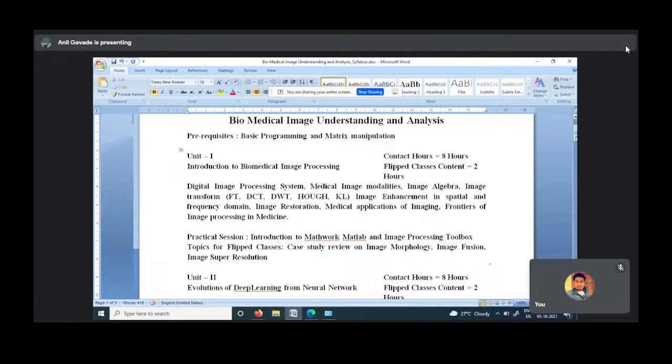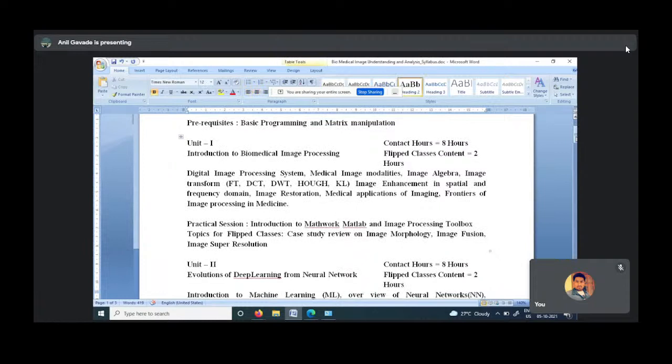To build this intelligence in an algorithm, we use a tool called deep learning. So the remaining 4 chapters focus more on the applications of deep learning in biomedical image analysis and understanding. The second chapter will give you the evolution of deep learning techniques from neural networks.